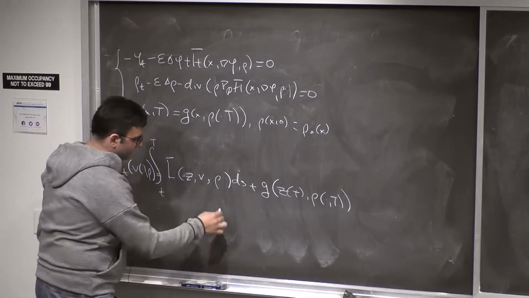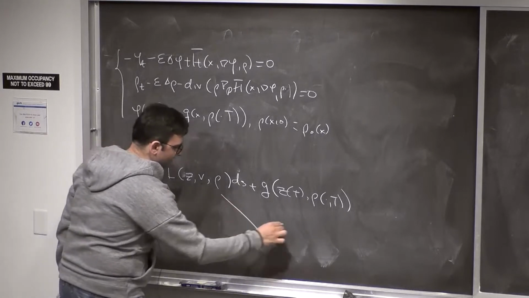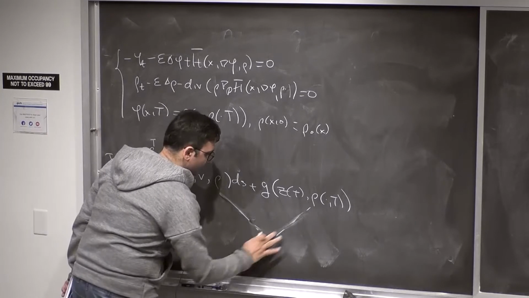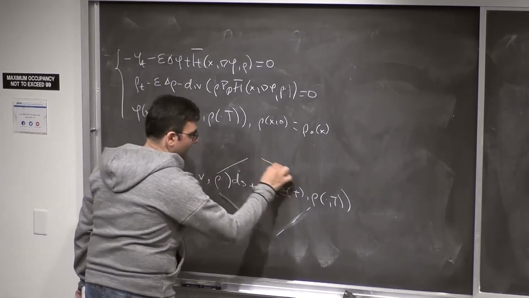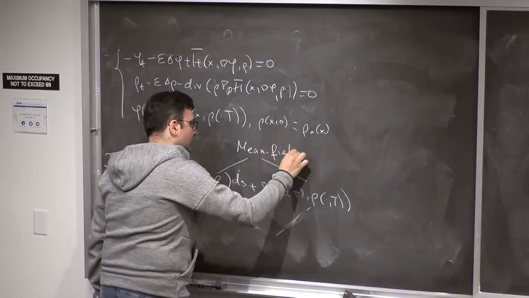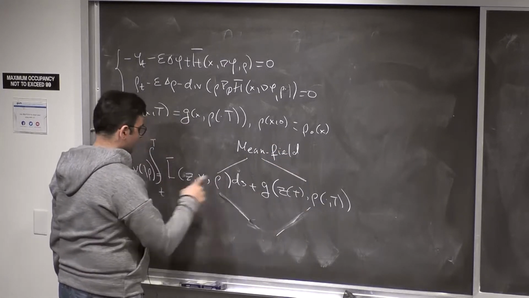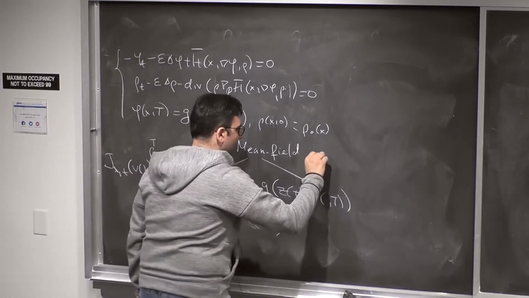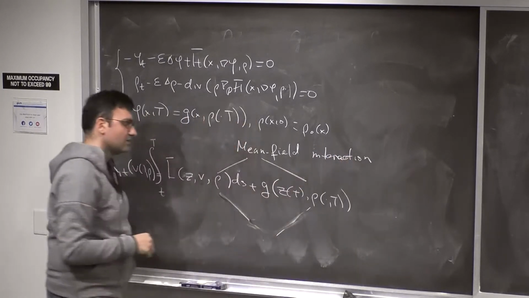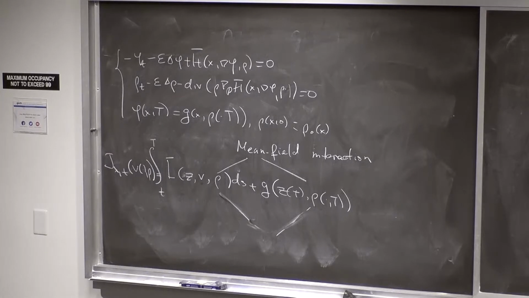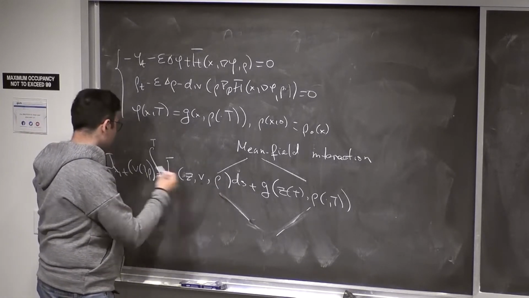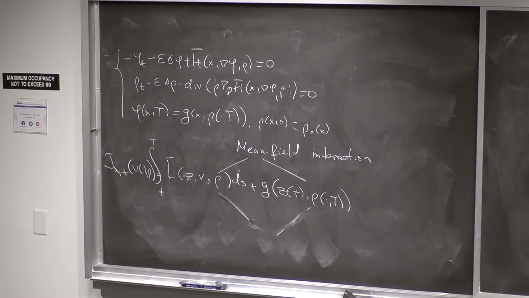As I mentioned before, this dependence of the terminal cost function and the Lagrangian on the density is called the mean field interaction, because it encodes the interaction between the population and an individual agent.